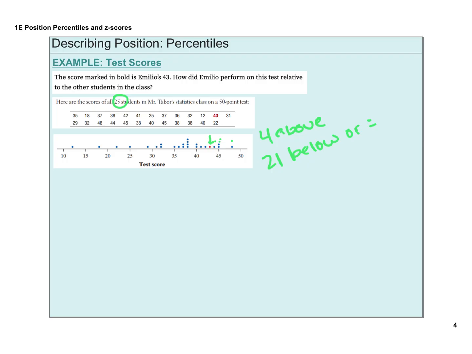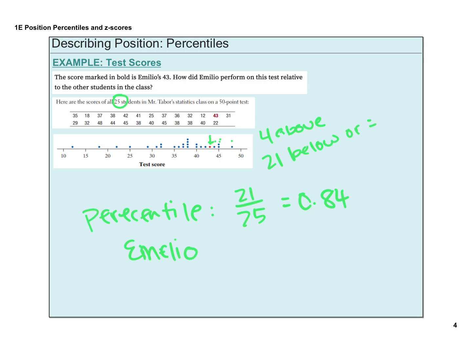So Emilio's percentile can be marked as 21 out of 25, or in other words, 0.84, which means Emilio is at the 84th percentile.